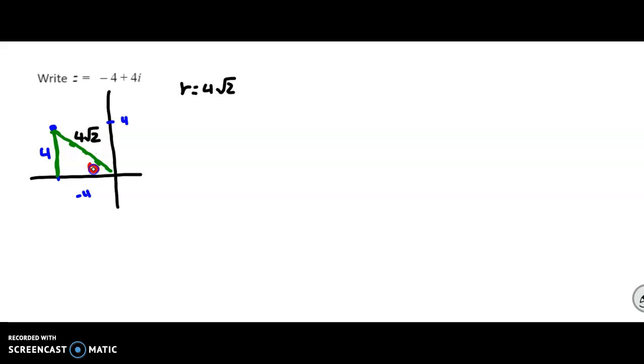Now for theta, you could do a couple things here. You could try and do sine over cosine, okay? I'm noticing that because these two legs are the same, I'm going to use tangent. Theta is equal to the inverse tangent of 4 over negative 4. Okay, and hopefully we recognize that this is going to be negative 1. But that means if the numerator and the denominator are the same, this is a 45-degree angle, or pi fourths.